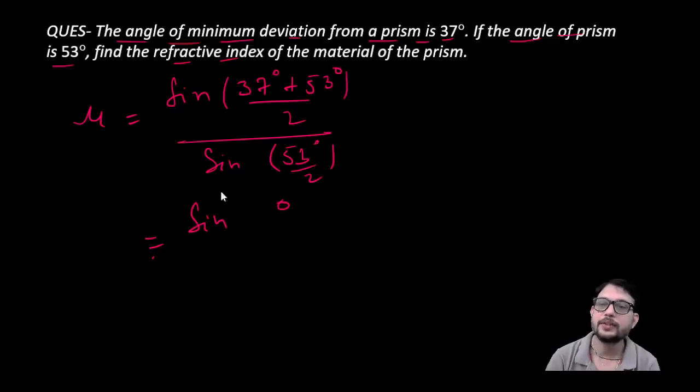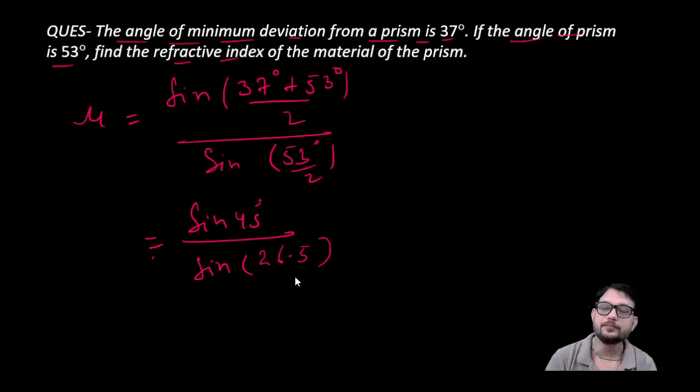So 90 by 2 means we can simply write 45. So it will be sine 45 degree divided by sine of 53 divided by 2, that is 26.5. So sine 45 and sine 26.5. When we put these values, we get the answer, that is 1.5 approx, or 1.58. So this will be your final answer.